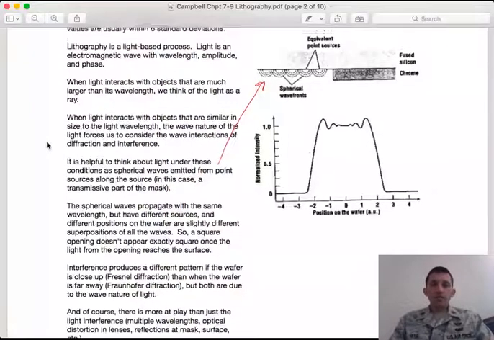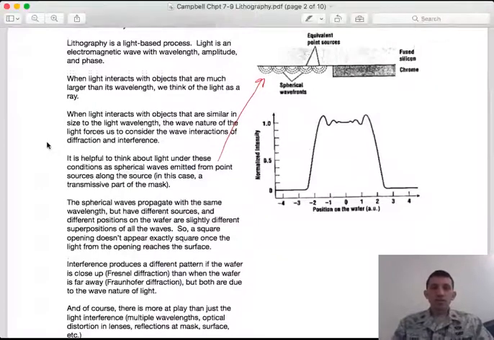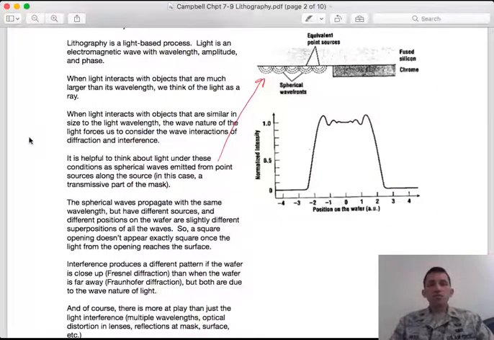However, in microfabrication, we're talking about small things, right? And we want to make them as small as possible. And so we quickly run into the regime where the wavelength of the light is not much, much smaller than the objects it's interacting with, right? It's looking at a gap, say, in the mask that is on the order of the wavelength of the light.